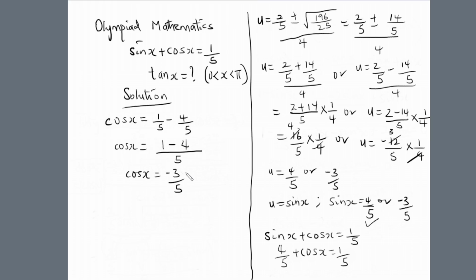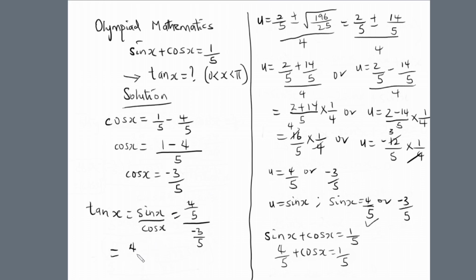Is that the final answer? No. The question says we should look for the value of tan x. But it's easy at this point, because tan x is sine x over cos x. All right, and sine x from what we calculated is 4 over 5. This is 4 over 5 over cos x, minus 3 over 5. Now we'll be doing what I did before when I said times 1 over 4, the reversal.